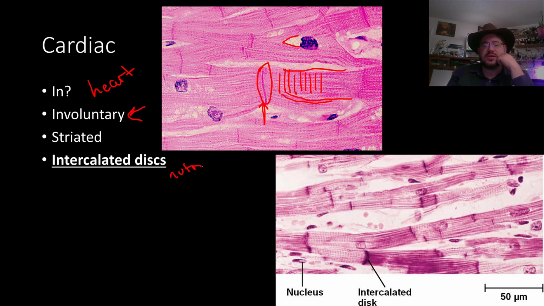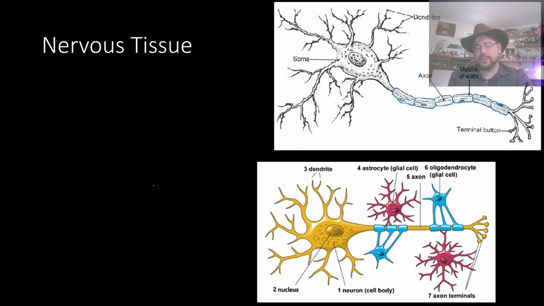So nutrients like oxygen and also signals pass between the cells through that intercalated disc very rapidly. And that's because your heart needs to contract sort of all as one. And we'll talk about that a lot in the cardiovascular system lecture.